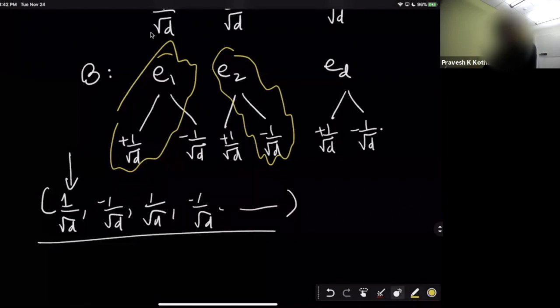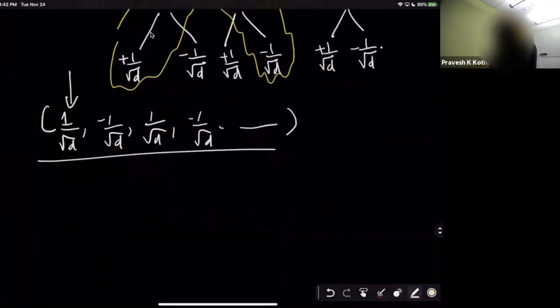And now the point is that if n is large enough, then for any vector like this, I will be able to construct an alpha n size soluble set. In other words, I've basically constructed a set of equations where every Boolean vector, up to this 1 over root D scaling, and there are 2 to the D of them, is a solution. So I'm going to make that observation.